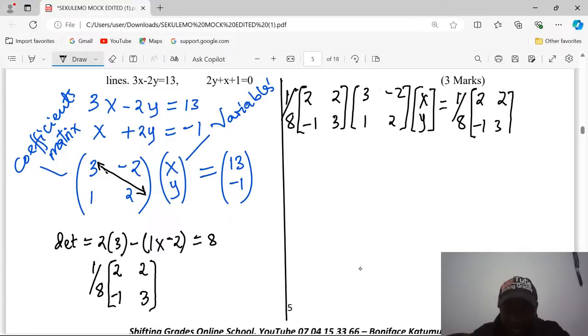We start with the matrix, yeah? Then we multiply with the constants matrix, which is already there, 13, 1, negative 1. That is how the matrices are supposed to be organized. That order will earn you a good mark. Please ensure that you present your work that way.